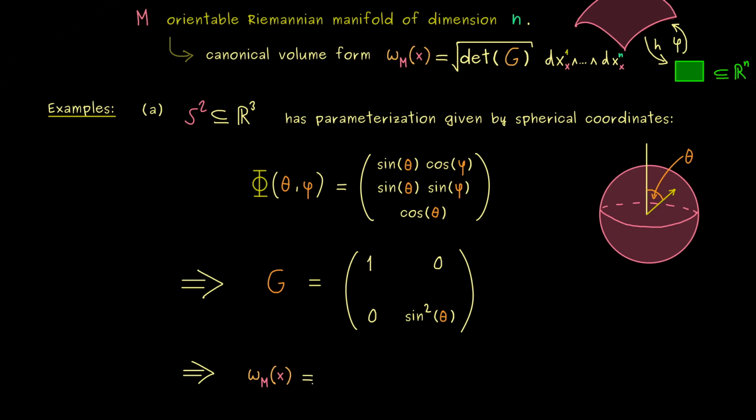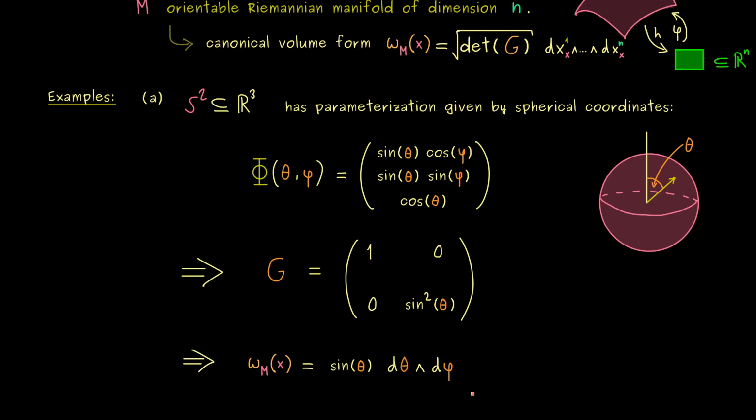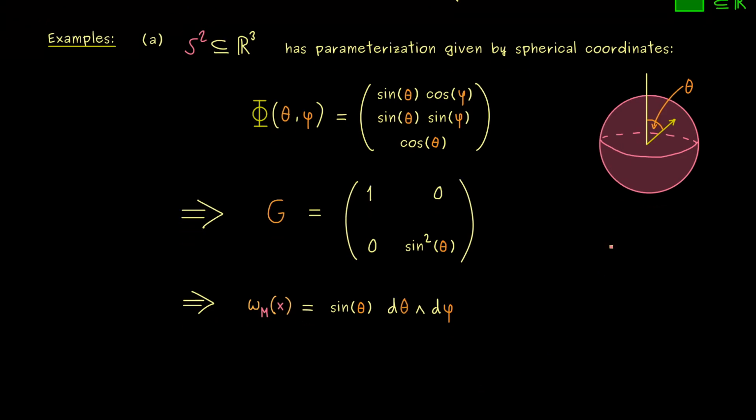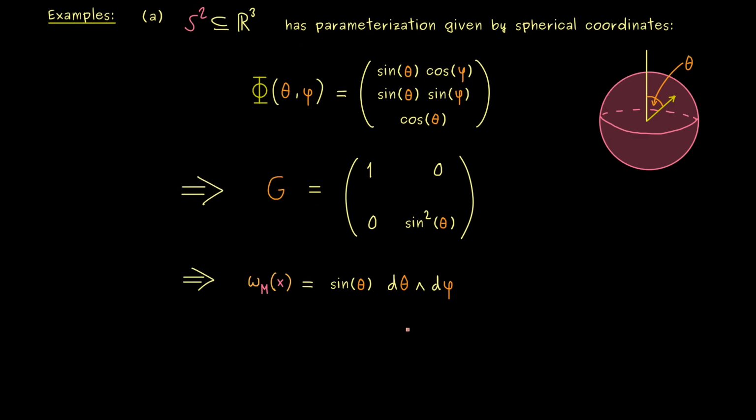We have the sine of theta in the volume form. Sine of theta here is always a positive number because we go through the inputs 0 to pi. Hence, we don't need to write an absolute value here. Okay, there we have it. This is our canonical volume form here, and you might already know that from standard integrations in spherical coordinates. However, now you also know this is just a general outcome by considering Riemannian manifolds.